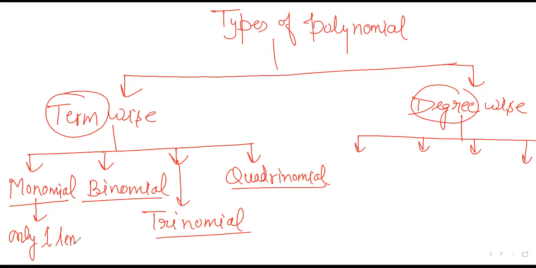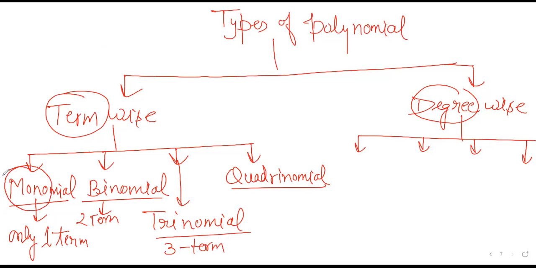If the polynomial has one term, it is known as a monomial. If it has two terms, it is a binomial. A trinomial contains three terms.